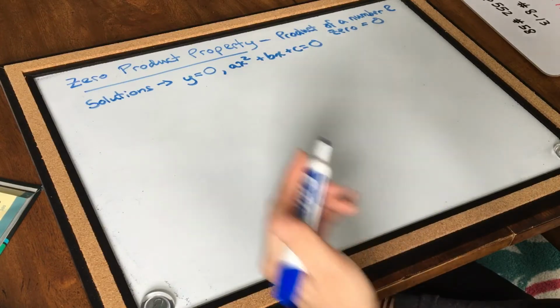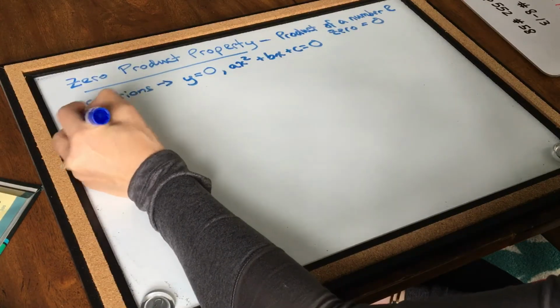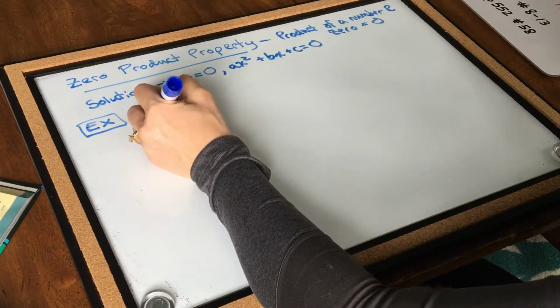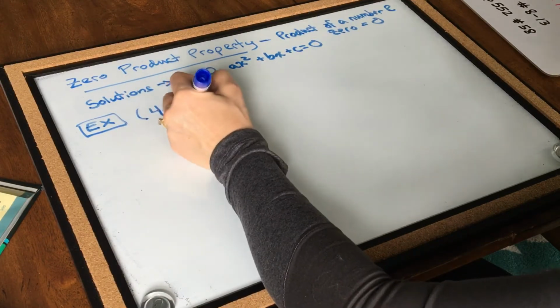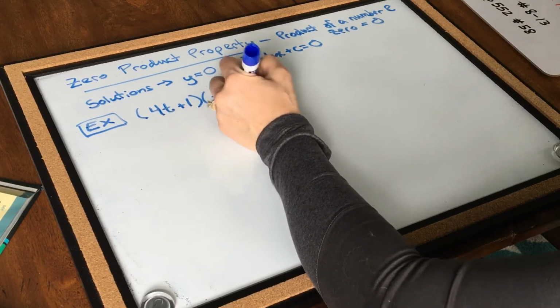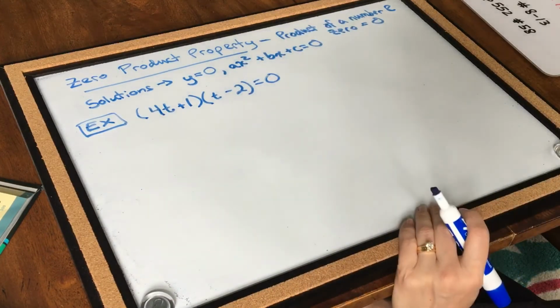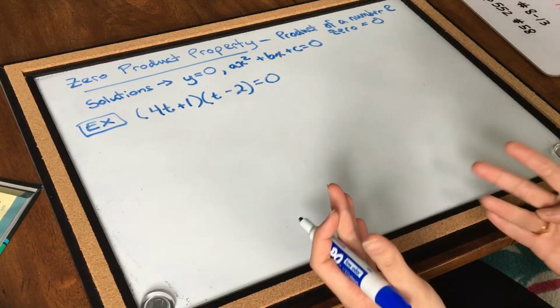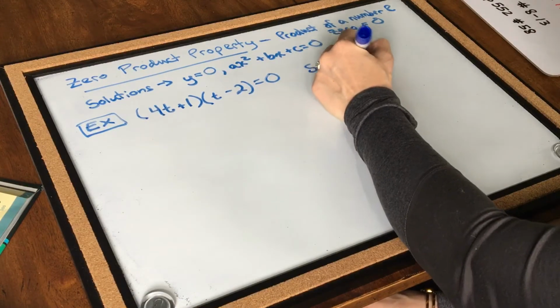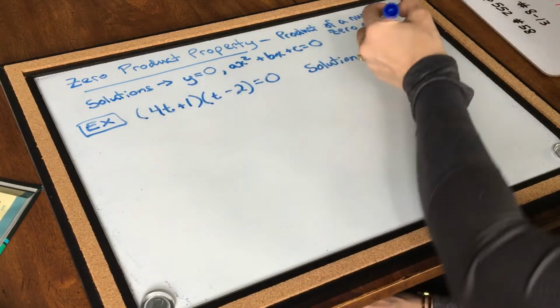Let's say I have a factored quadratic. I'm going to use the quadratic from your book, which is 4t plus 1 times the quantity t minus 2, and that equals 0. If I want to find the solutions, remember a solution is where our quadratic equals 0.